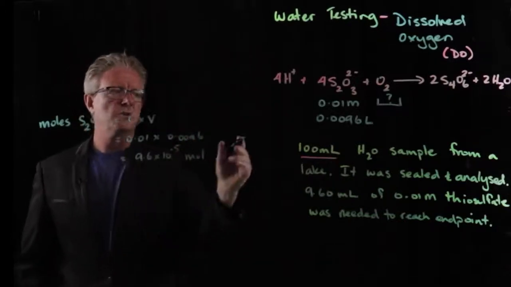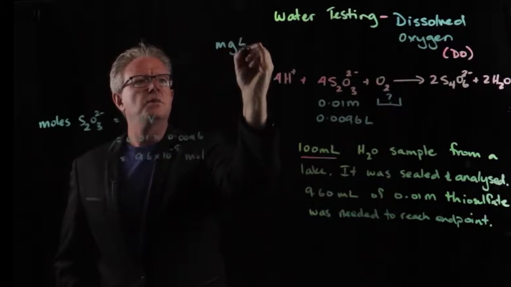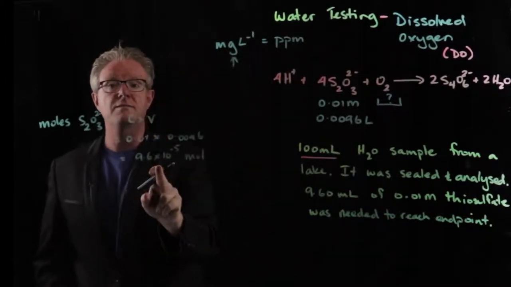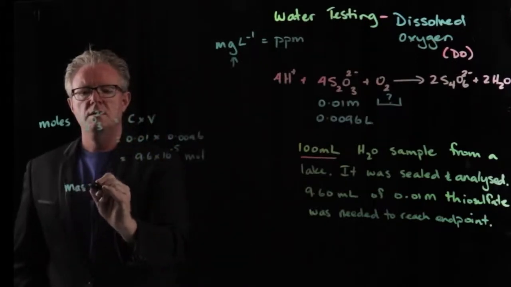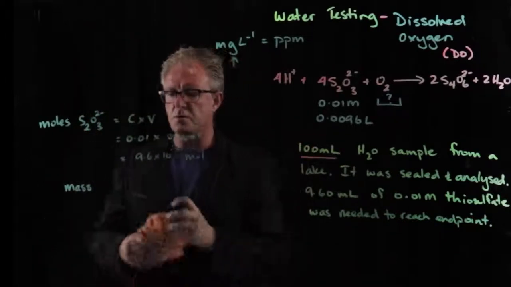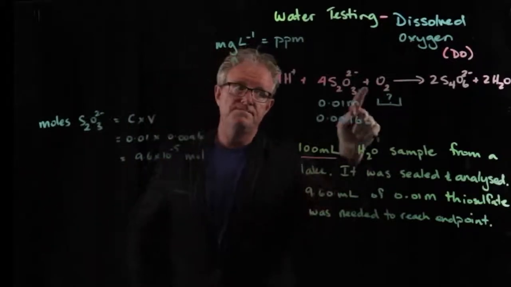We want to work it out in terms of parts per million. Remember that milligrams per mL is equal to parts per million. So of course we want to now make this a mass value. Well, first of all, before we even do that, getting ahead of myself, we have to work out the number of moles of oxygen.